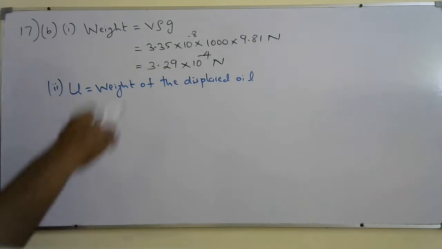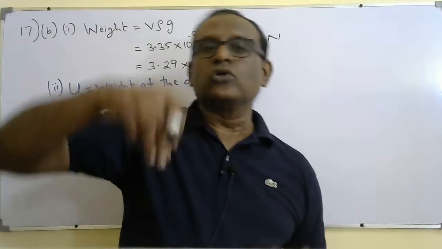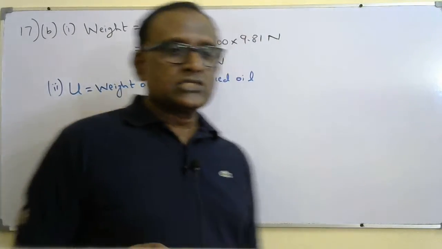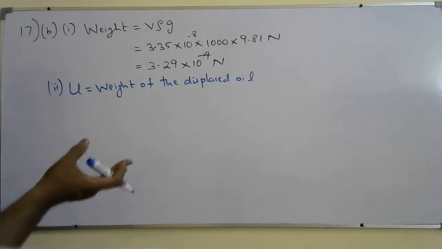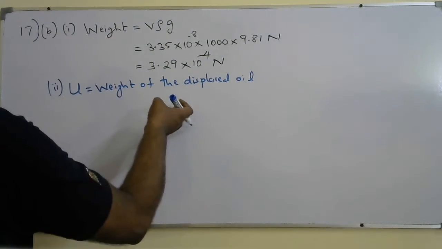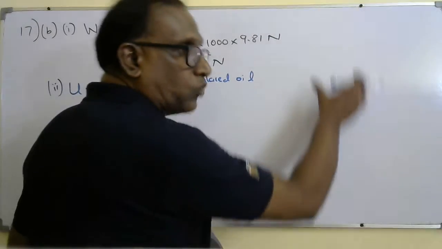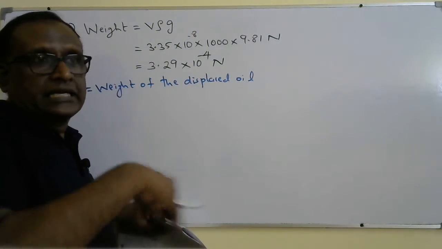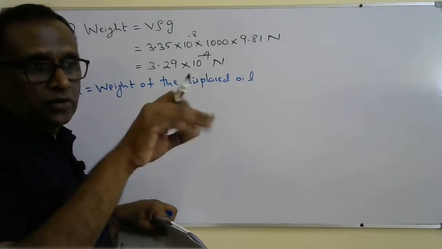The water droplet is put into oil, so the oil is going to be displaced by the water droplet. So upthrust is equal to the weight of the displaced fluid. Here, inside the oil, the water droplet is moving, so the fluid around it is oil.